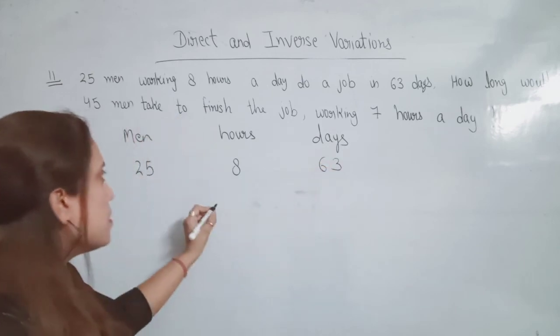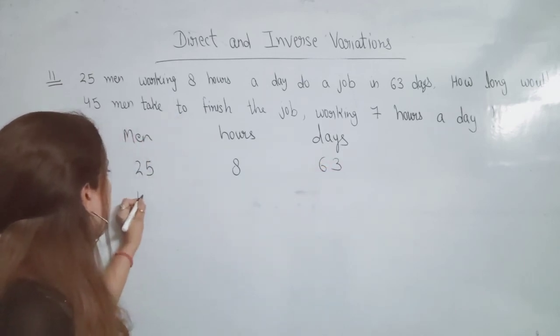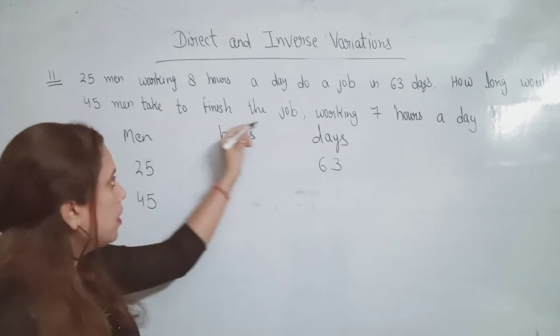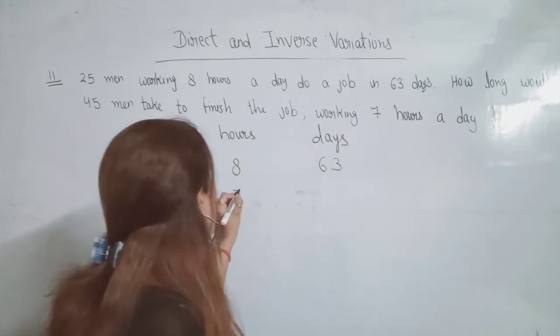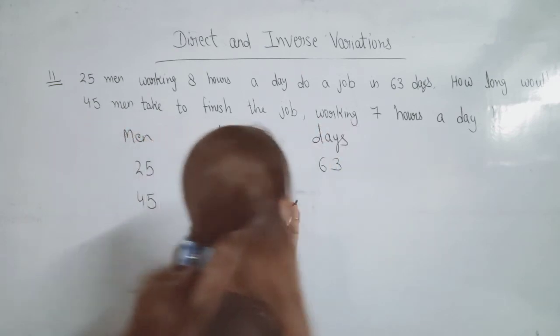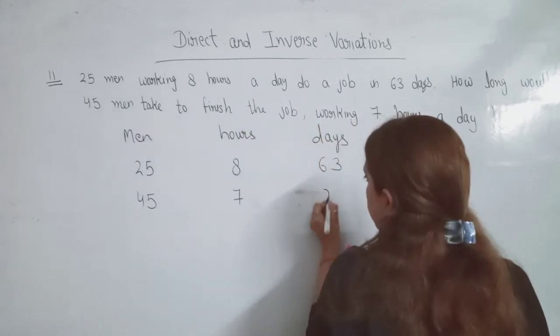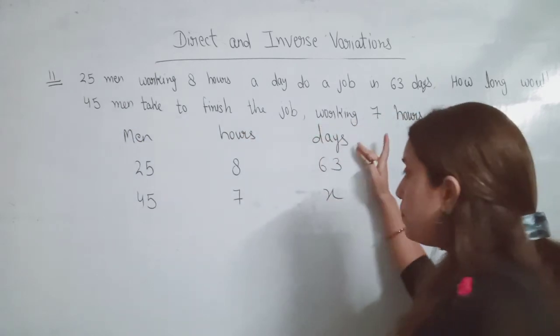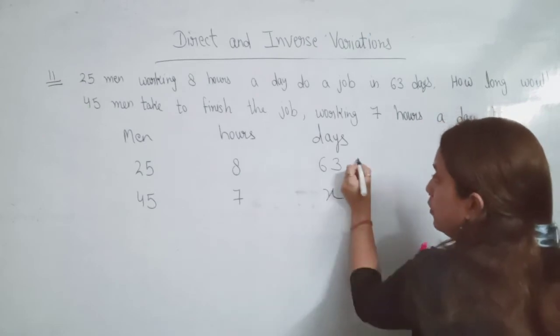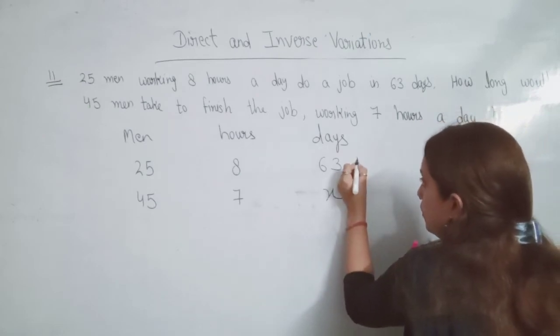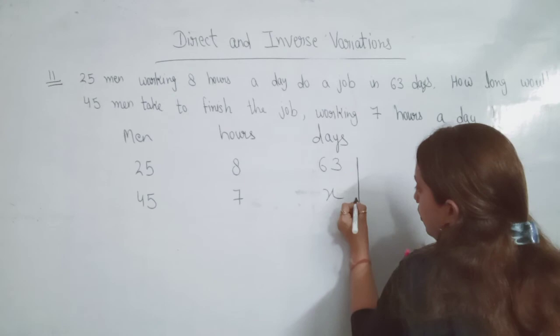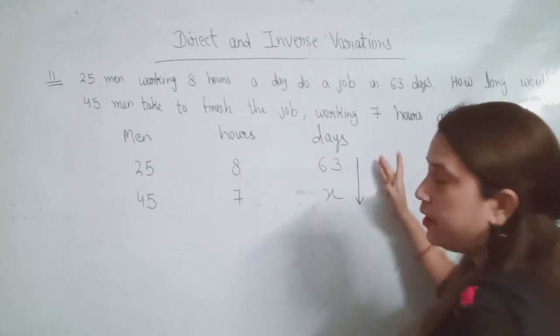Now 45 men working 7 hours, then how many days will it take? So let the days be x. For x, by default we draw the arrow in the direction of x.